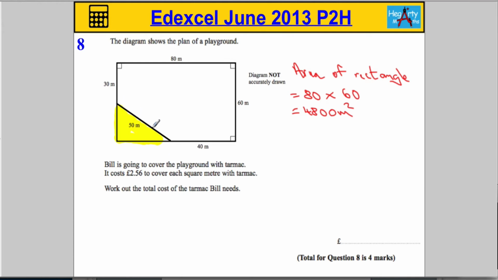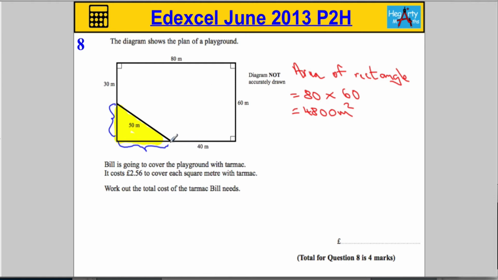Now I'm not really fussed at all with this distance here. It tells us that this slanted distance is 50, but it's actually no good to us. I'm just going to consider the base of the triangle, which would be whatever this is here, and I'm going to consider the perpendicular height of the triangle.